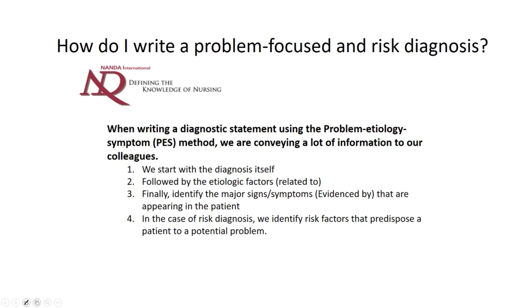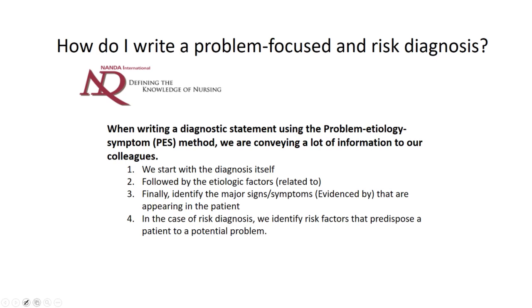So perhaps we say risk for impaired skin integrity, and the reasons could be poor nutrition, immobility, incontinence of urine, whatever. I could put a whole list in that. And then that could be reasons why. So when I do my interventions, I'm going to look at those risk factors and decide.